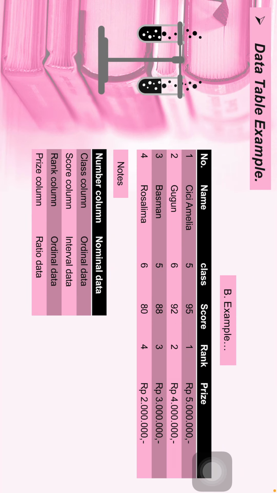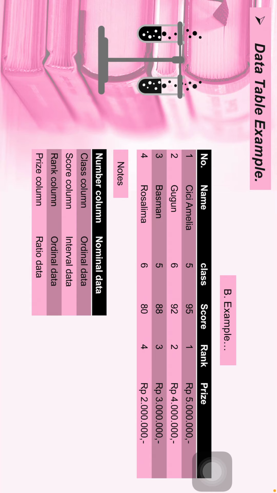To make it all clear, I'll give the exact example. First, in this table, we can see there is number, name, class, score, and rank price. For the notes, because the class column is the category, the classification, it is called ordinal data.